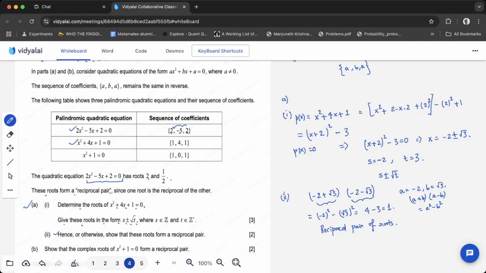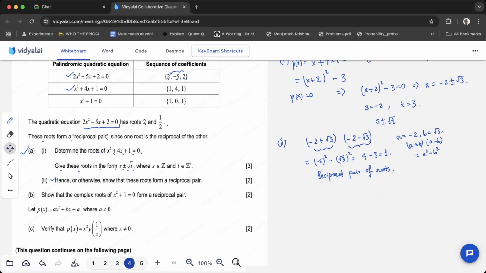So we showed one example where this is a palindromic polynomial and its equation has a reciprocal pair of roots. So we show another example. Show that the complex roots of x squared plus 1 equals 0 also form a reciprocal pair. So x squared plus 1 equals 0.